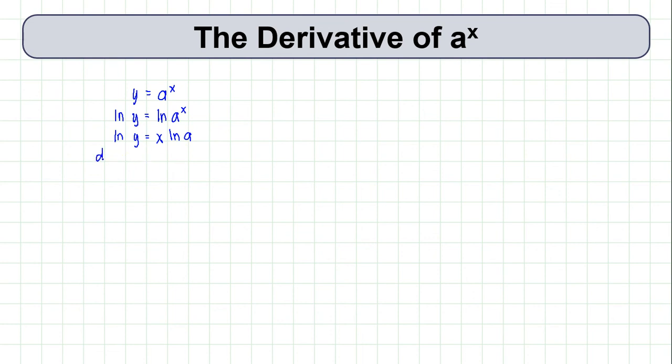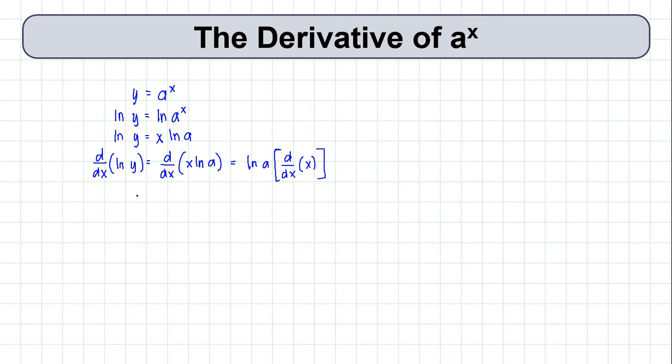So the derivative with respect to x ng ln of y is equal to the derivative with respect to x ng x ln of a, which is ln of a times the derivative of x with respect to x, which is actually also equal to 1.